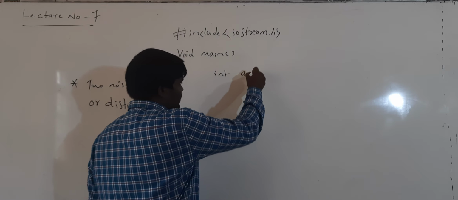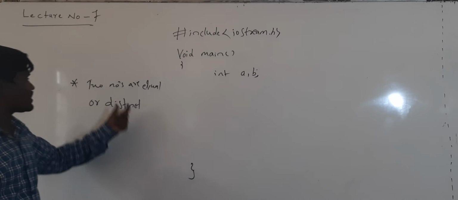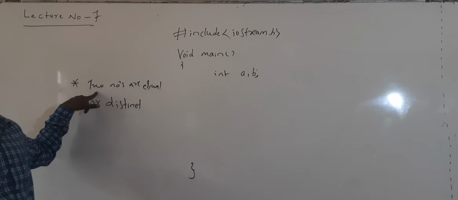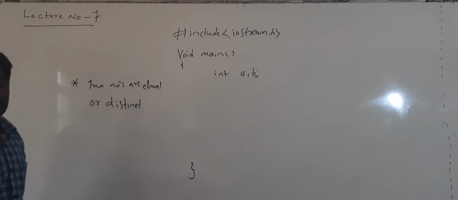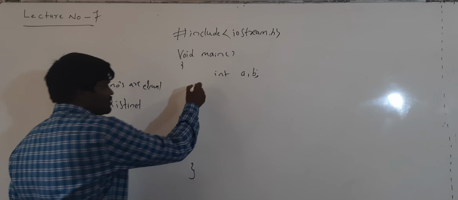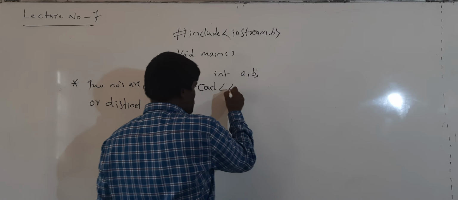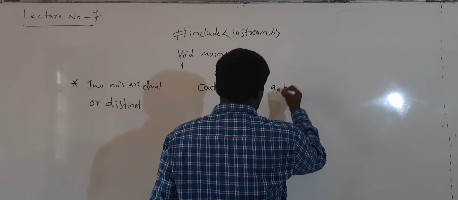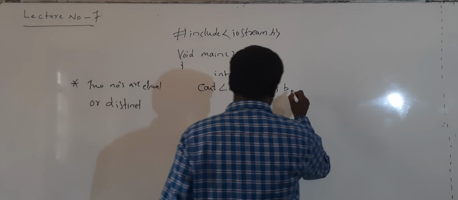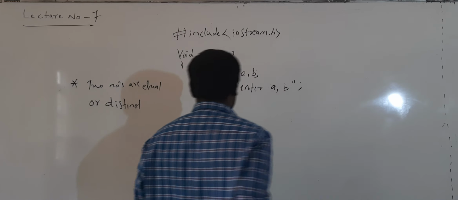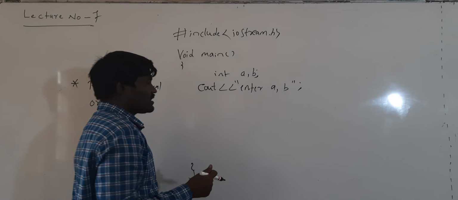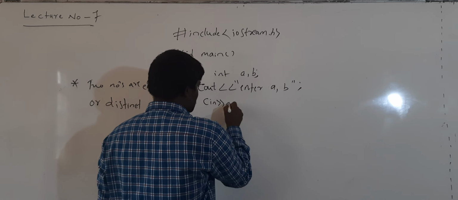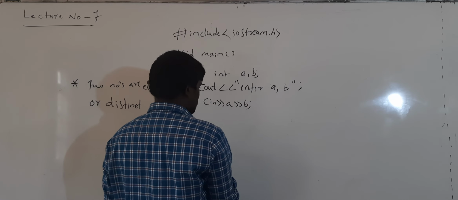Here int a comma b, because in the given question the data is already given, that is 2 numbers, so that's why I declare int a comma b. cout: enter a comma b. cin a b.